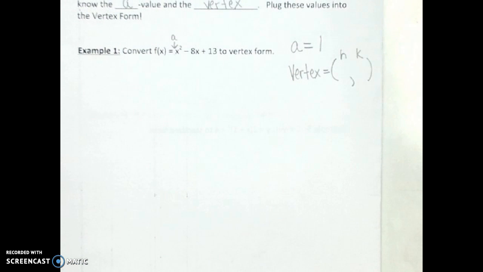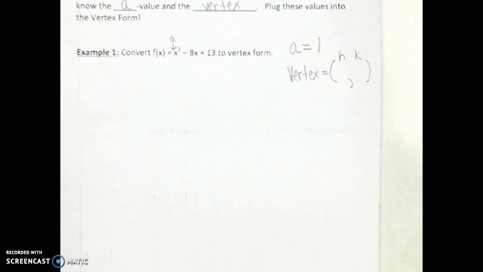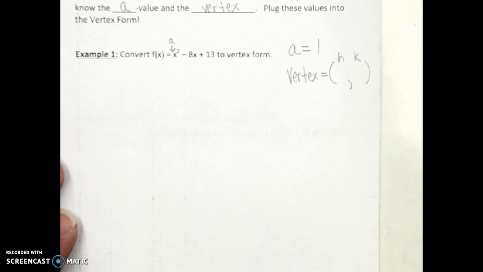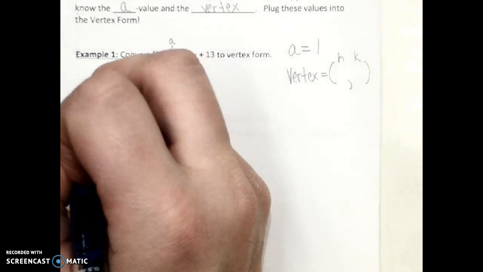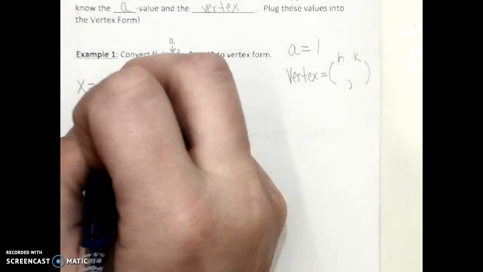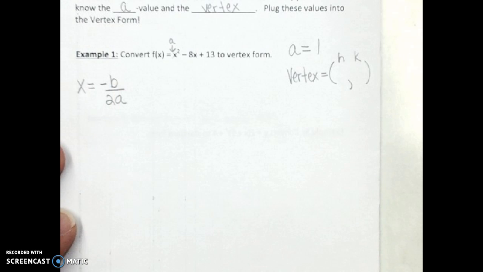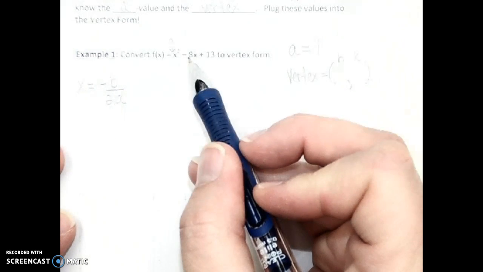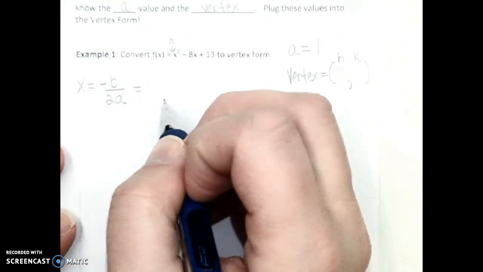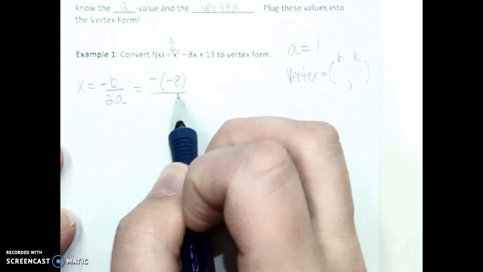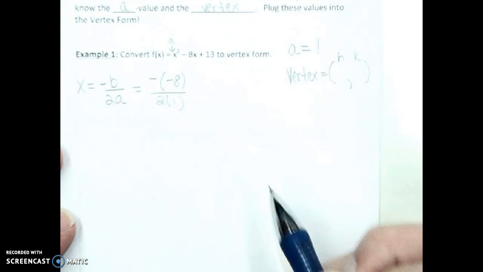You need to find the vertex. If you need to, you look back at that foldable that you had. It was blue. And it'll tell you exactly how to find the vertex of a standard form quadratic. You do that by taking x equals negative b over 2a. Well, what is your b value? In this case, your b value is negative 8. You plug those numbers in. Negative parentheses negative 8 over 2 parentheses 1, which is a.